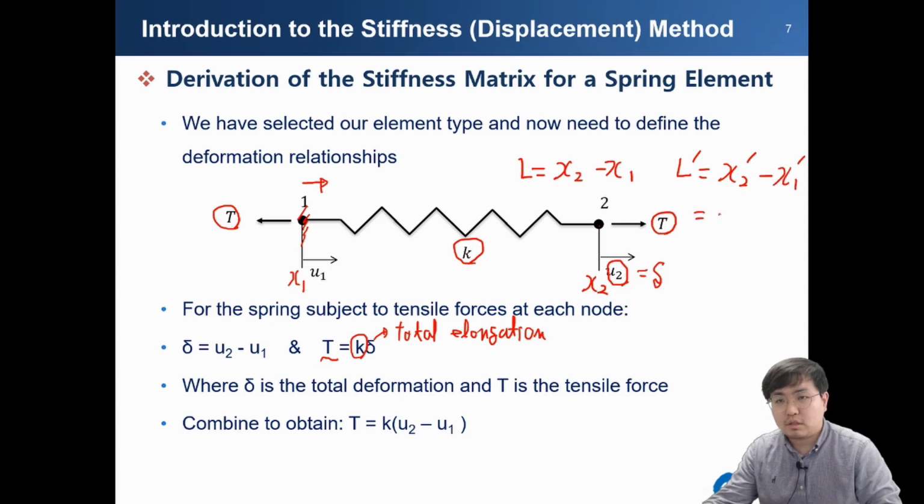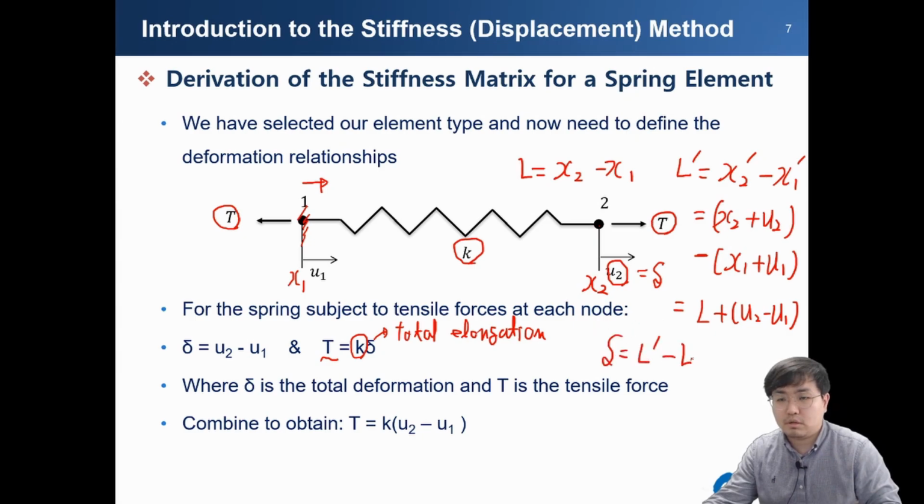This x2 prime new coordinate looks exactly like this. And here the first nodal point also moves to the new coordinate, which looks like this, and we subtract. So the total elongation looks like this, exactly the difference in the displacements.